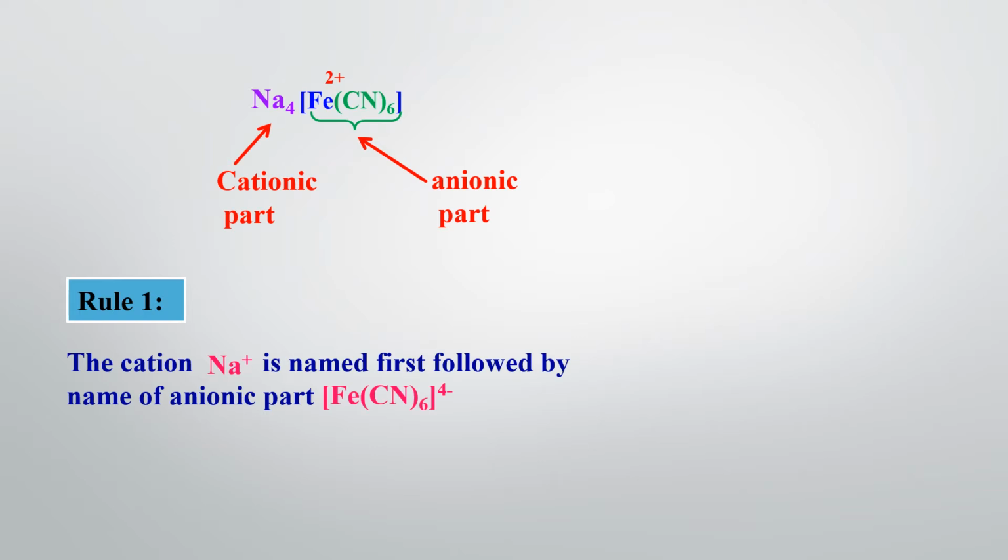If positive ions are present, then we always have to name the counter ions first, and later go for the coordination complex. So we will name it here: sodium. Here we are not using any Greek prefix like di, tri, tetra, penta for the counter ions.